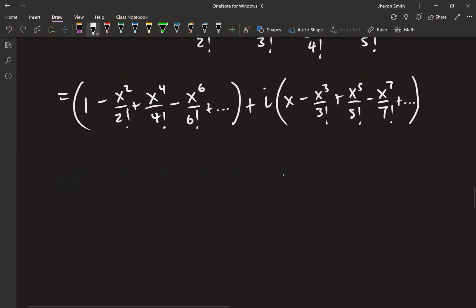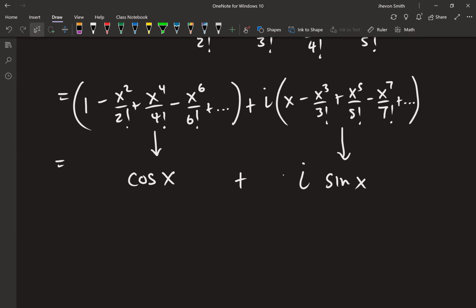And again, of course, we all remember that this one is just the actual Maclaurin series for the cosine function. And this one is actually the Maclaurin series for the sine function. And so we get an important equation: e to the ix is actually cosine of x plus i times the sine of x.